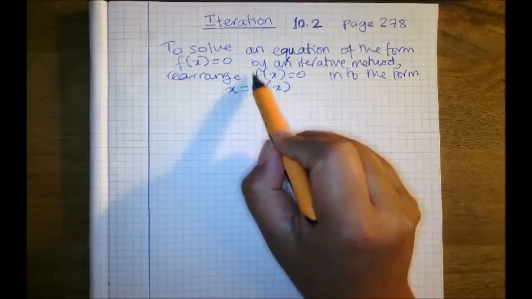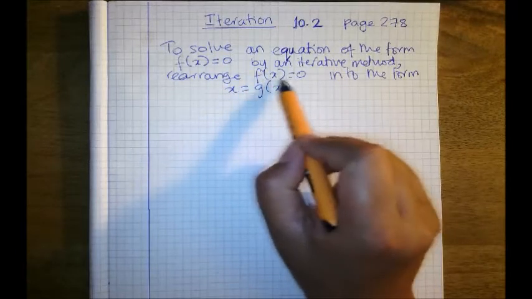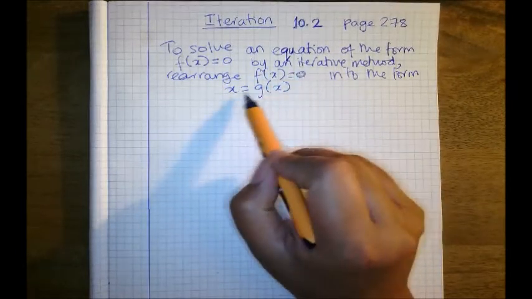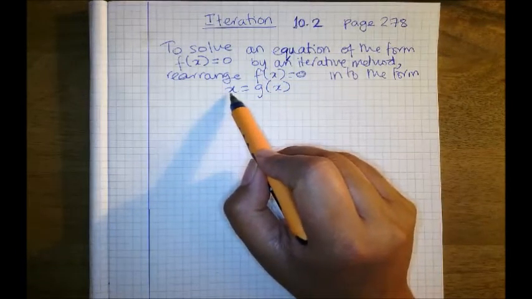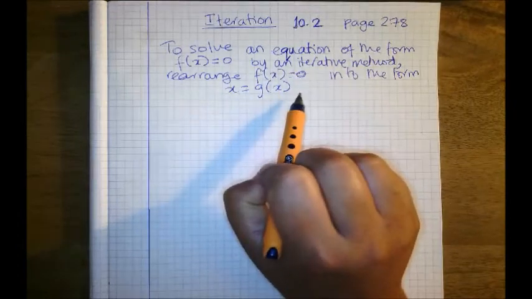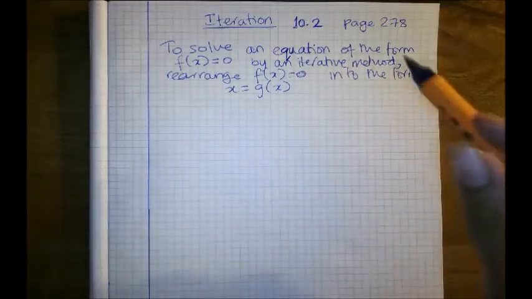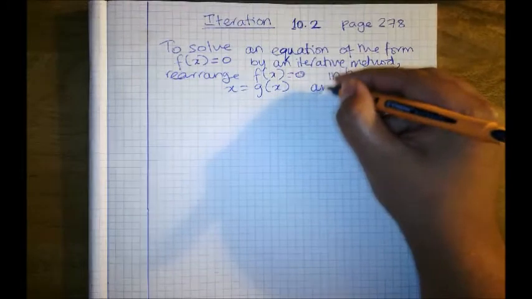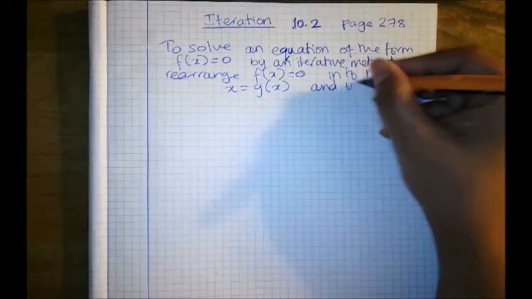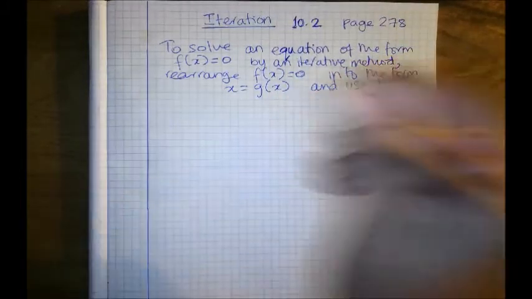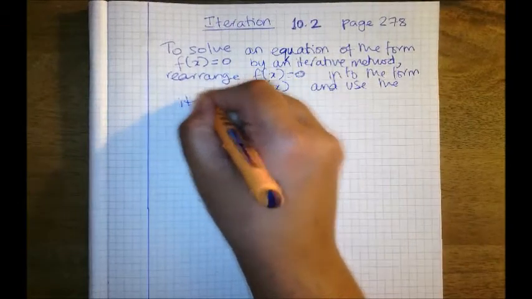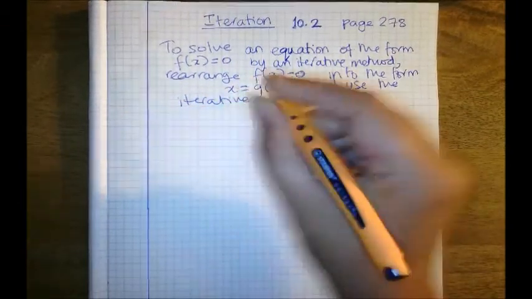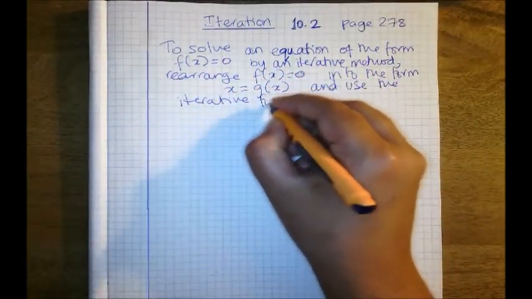Now, to solve an equation of the form f of x is equal to 0 by an iterative method, we've got to rearrange it in a certain form.